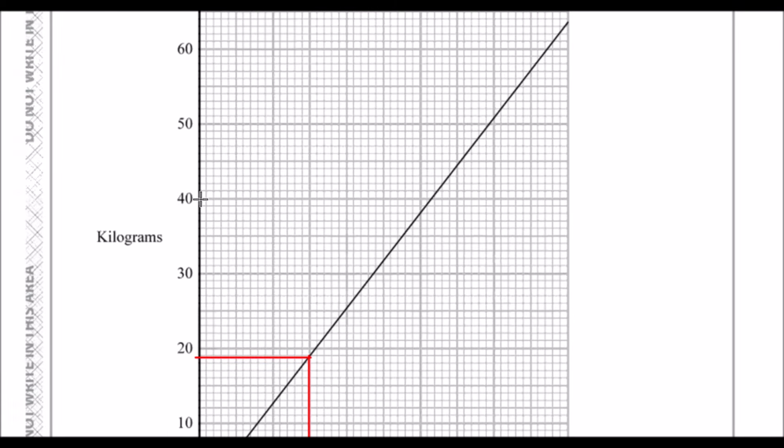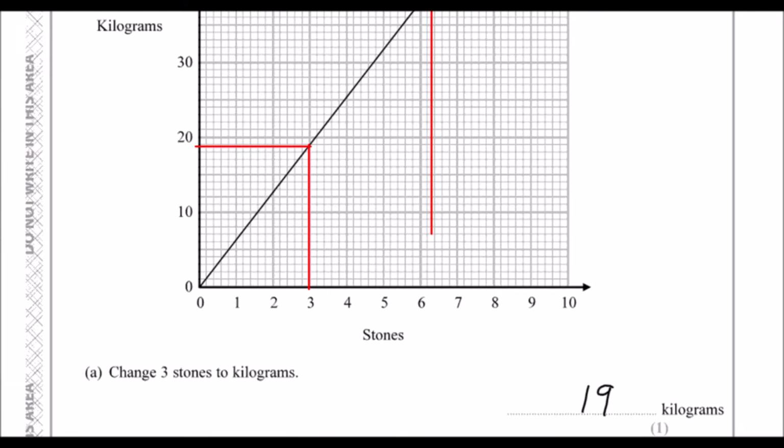So if we go to 40 kilograms, which comes out as, so it goes 6, 6.2, 6.4, 6.6, 6.8. So it's halfway between 6.2 and 6.4, which will be 6.3.